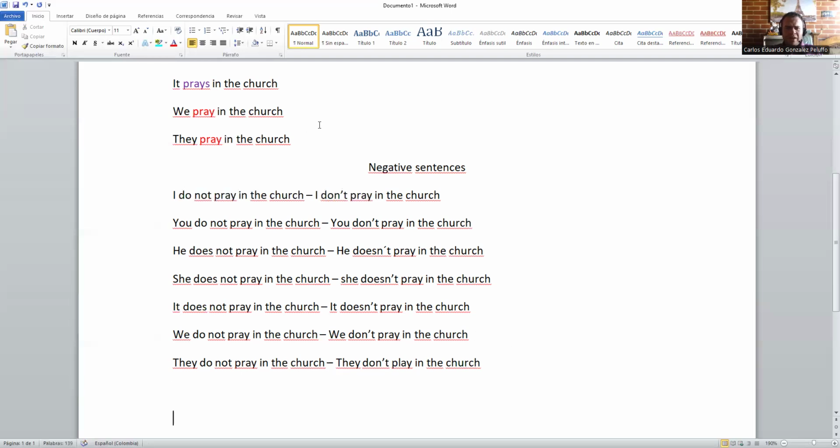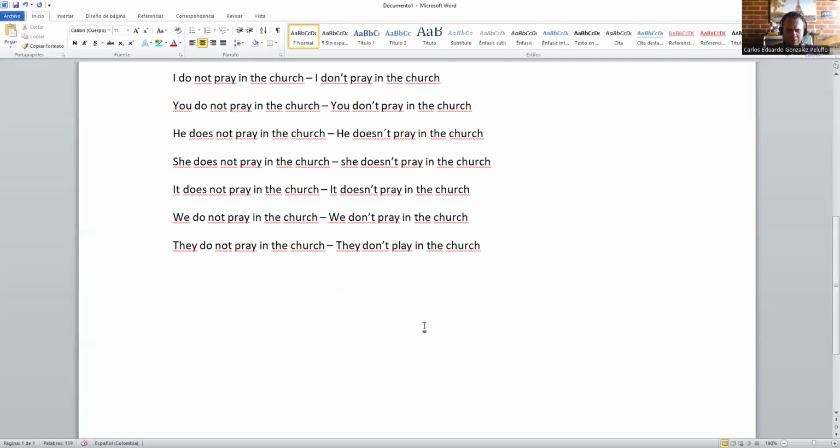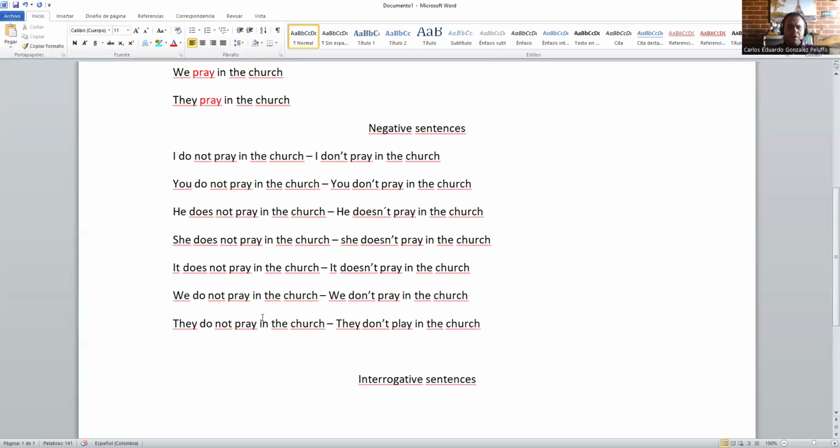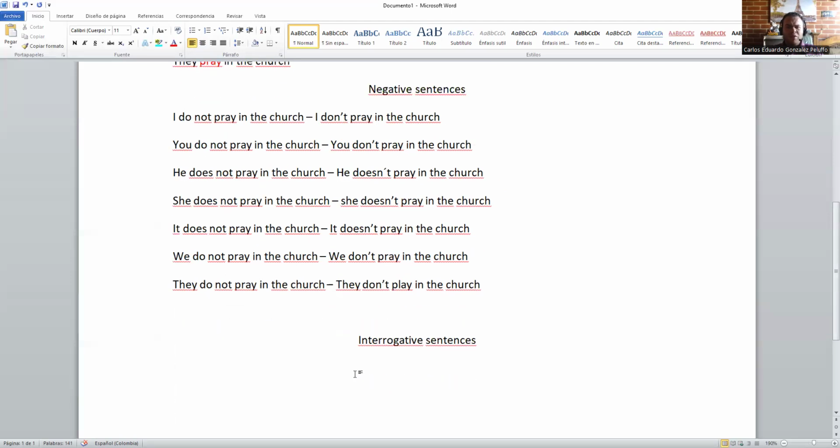And the last part, we're going to review interrogative sentences. The same pattern, the same auxiliary depending on the person, but we change the order.